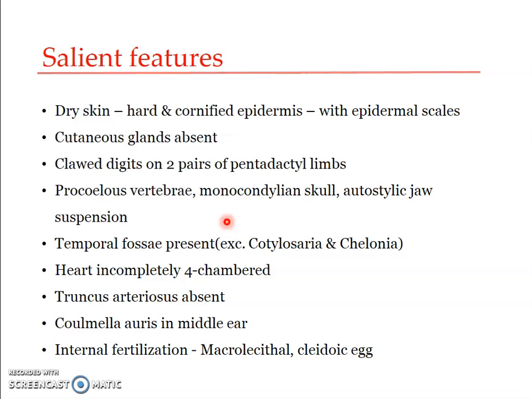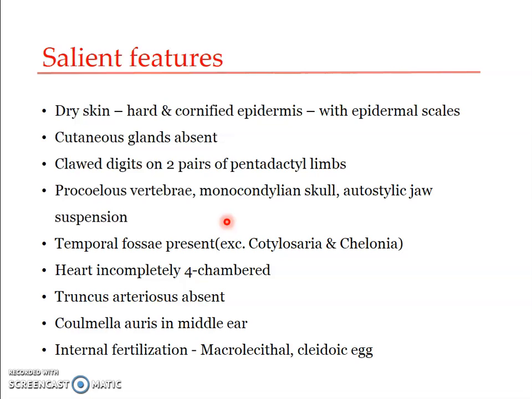In the case of sense organs, columella auris is present in the middle ear. The sexes are separate. Males usually have a pair of copulatory organs, and an unpaired copulatory organ in the case of Chelonia and Crocodilia. Chelonia includes the turtles, tortoises, etc. Crocodilia, as the name suggests, are the crocodiles.